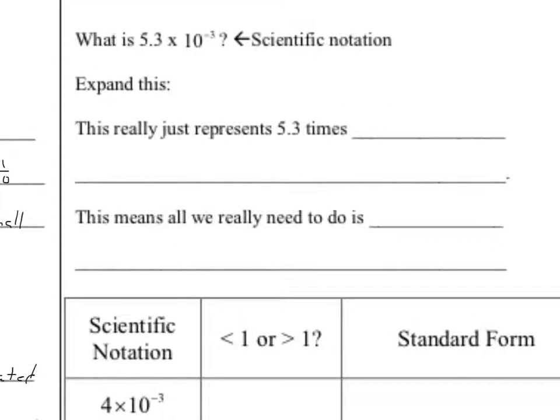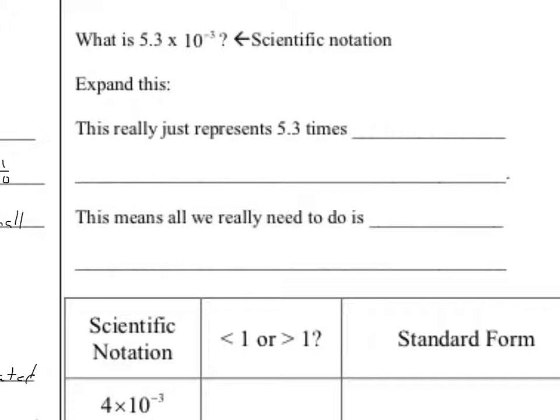So now let's talk about scientific notation with negative exponents. What does that negative exponent mean? Yeah, we're working with the reciprocal, so let's go ahead and expand this out.